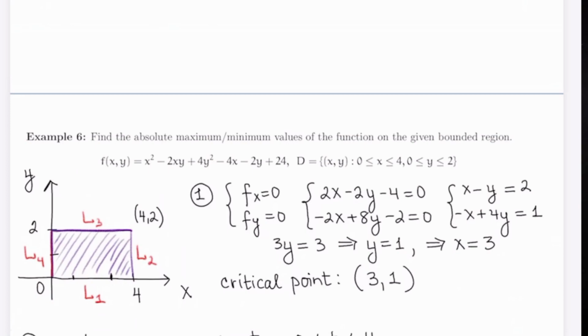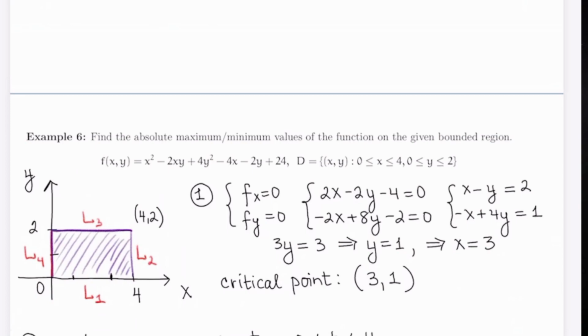So here you see that this polynomial is a little bit more involved than the functions that we've seen so far. And it is not as easy to visualize as something like x squared plus y squared, right? Because it is not going to be symmetric about the origin.